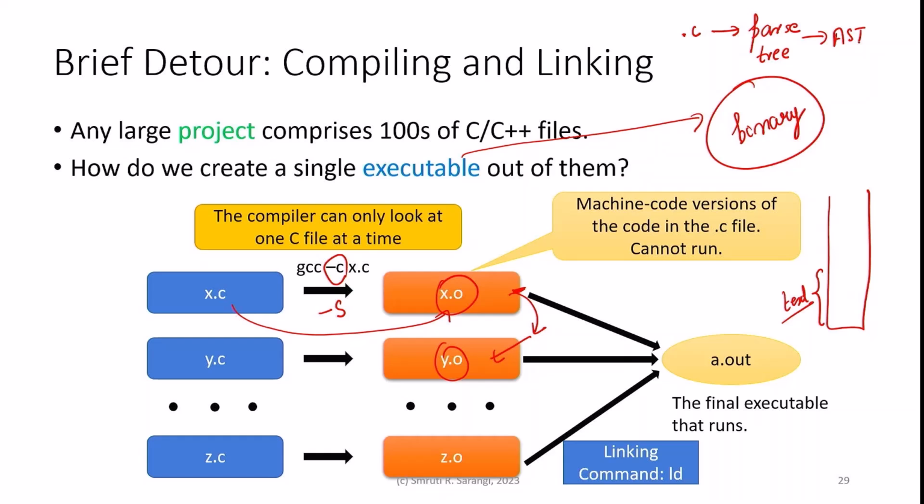So many modern compilers do not actually convert it to assembly per se, but they convert it to some intermediate representation which is very close to assembly, and you can actually see the assembly. And in many cases, many modern compilers actually convert it to assembly, and then the assembly is converted to the object file using a program known as the assembler. So all of this is kind of folded into GCC.